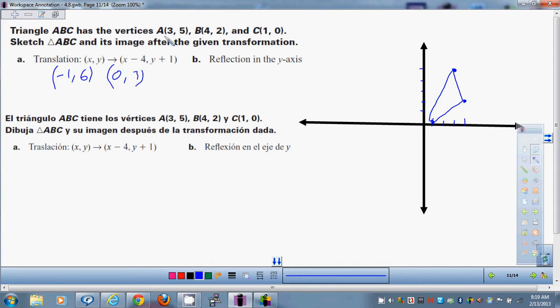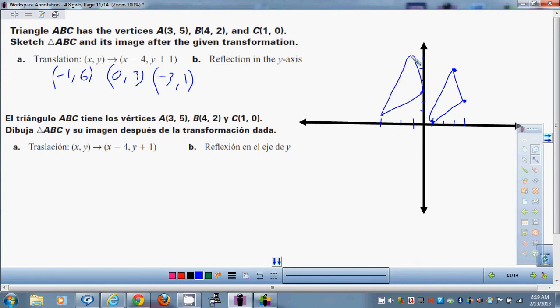Now, that's one way you can do it. Just find your new coordinates and plot them. There's -1, 6. Here's 0, 3. And here's -3, 1. And when you connect your dots, you should see the transformation-ish. Now, mine looks a little bigger because I didn't draw it perfectly. It should be the exact same.